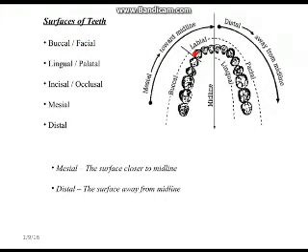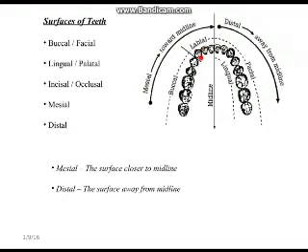So do you guys still remember what buccal and facial is? Facial is for the anterior teeth, the outer surface, and buccal is for the posterior teeth, outer surface. Lingual and palatal? Sorry. I just had 1 cup of coffee today, so. Lingual is going to be for mandibular teeth, the back surface, and palatal is going to be the back surface of the maxillary teeth.